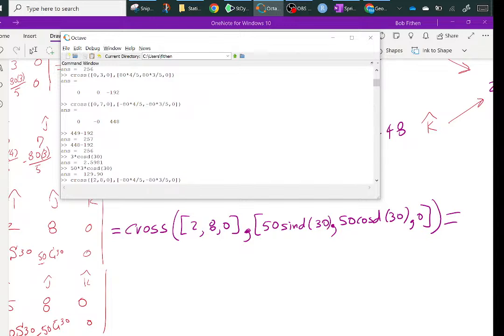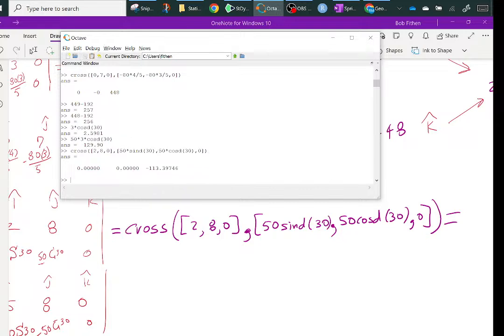It'll go nuts at me for that. Okay, so that's 50 times sine degree of 30, and then 50 times cosine degree of 30, and then nothing. Oh, I already have a nothing there.